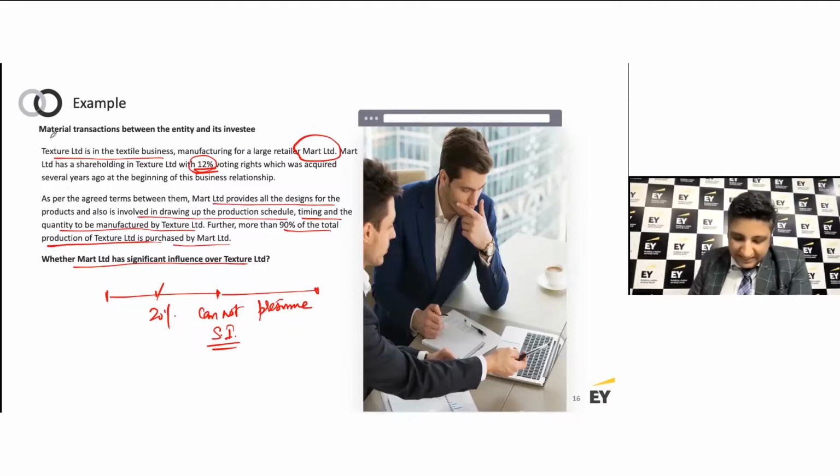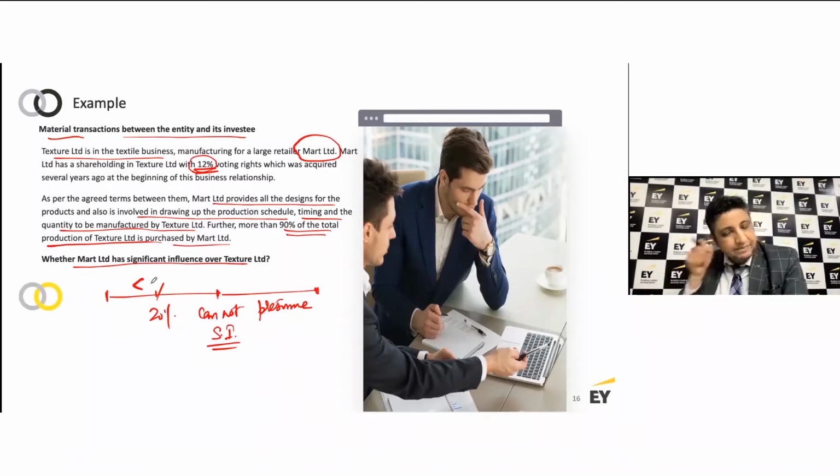So these material transactions very clearly are an indication, and they demonstrate that Mart Limited has significant influence over Texture Limited. So the decision-making aspects with respect to production scheduling, the timing of that, number of units, maybe you look at the pricing part of it. I mean, imagine you are procuring 90% of production of Texture Limited. What if you tomorrow decide to do something else? That is a very clear evidence where the significant influence exists, even though it is less than 20% in the given scenario.